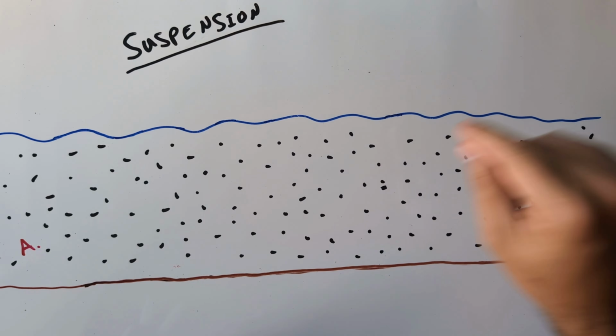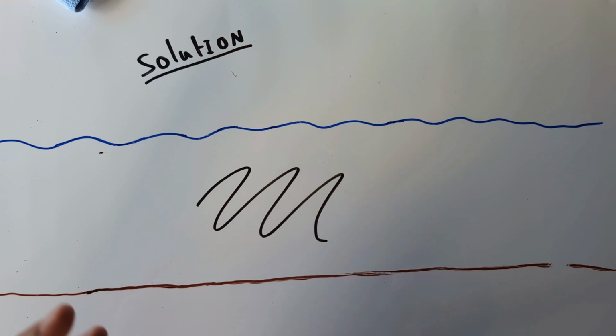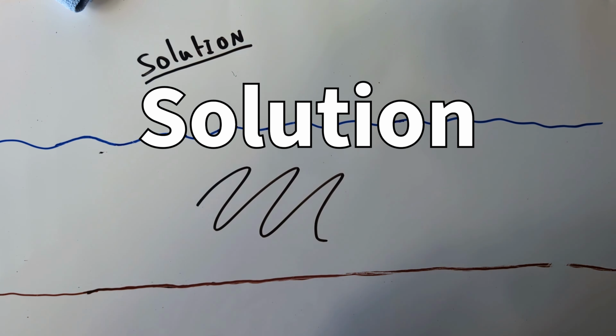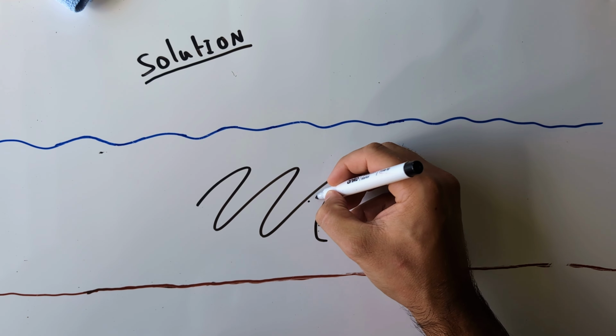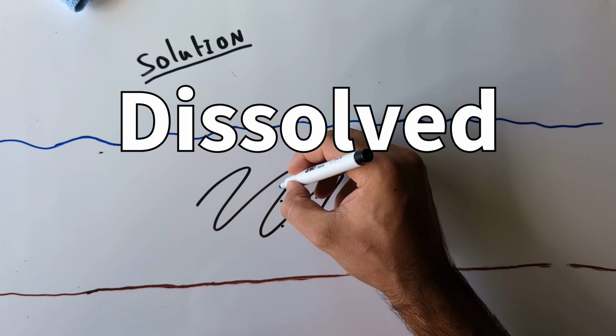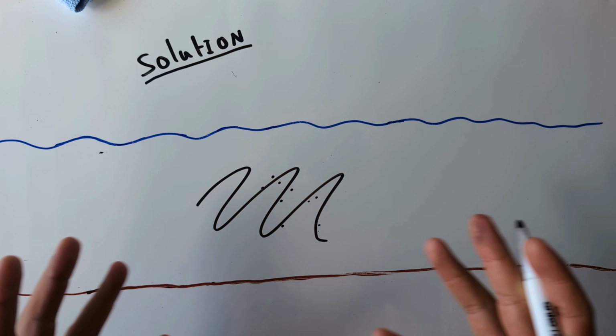We're going to look at the final type, which is solution. Okay, the last type is solution. And this keyword is dissolved. The sediment now has got so tiny that it is actually dissolved in the water. It's created a solution. You should know this from chemistry.